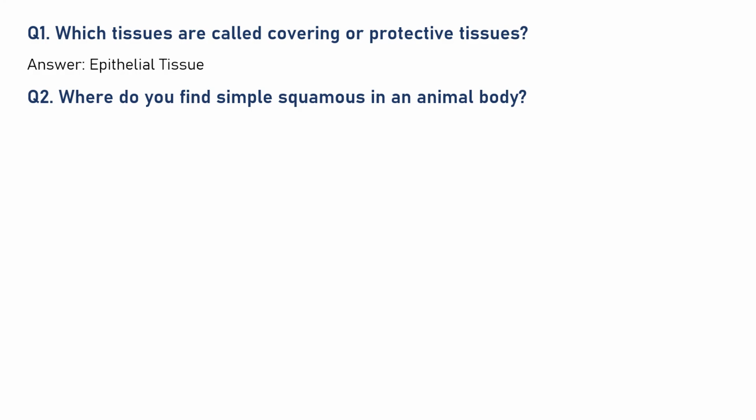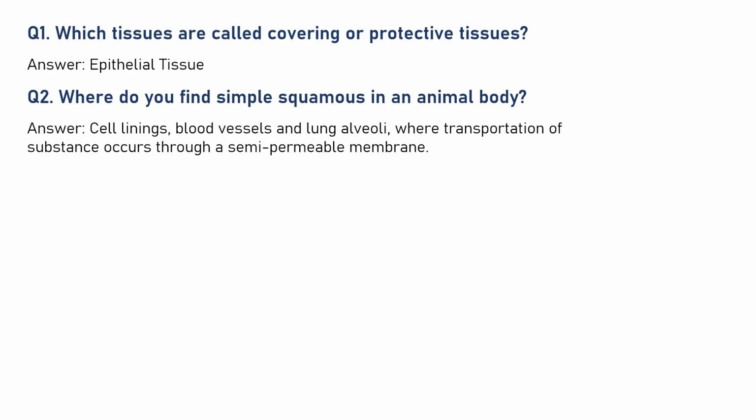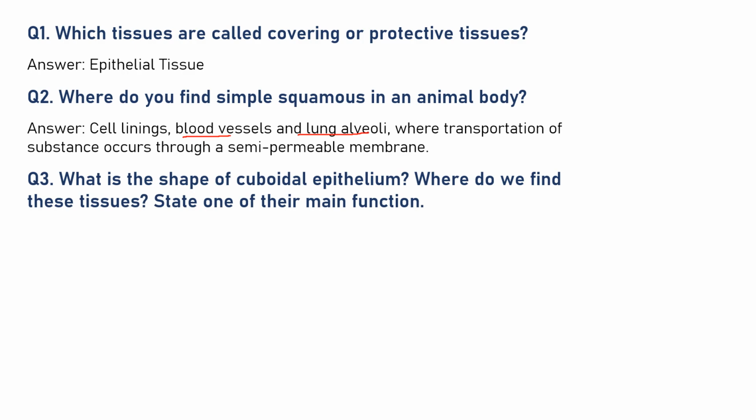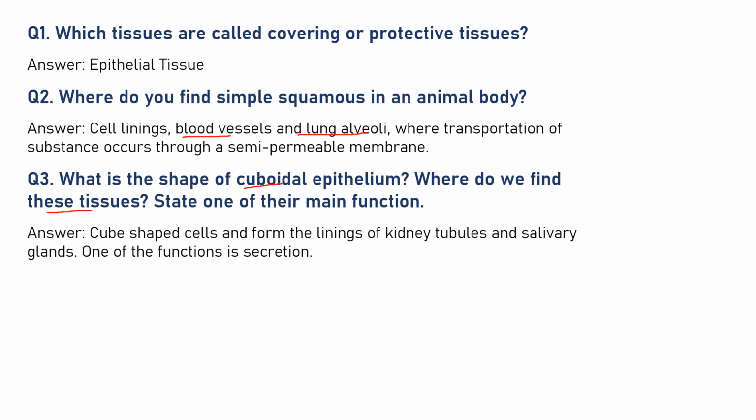Cell lining of blood vessels and lungs alveoli. Next question, what is the shape of the cuboidal epithelium? Definitely it is cube-like. Where do you find this tissue? Remember, kidney tubules. State one of their main functions: secretion.